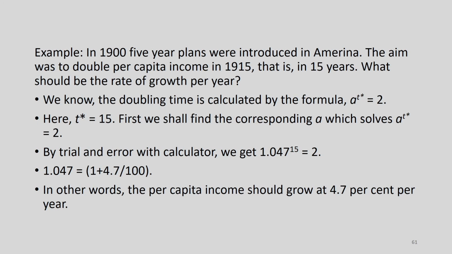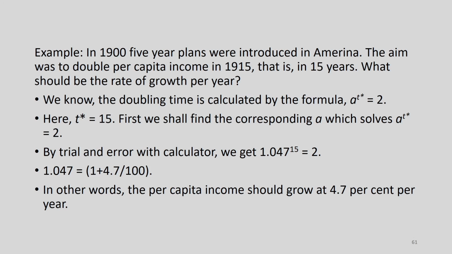We are given the time frame, right. There are 15 years that have elapsed. We are given the information that in these 15 years the per capita income should double. So, we have to find out what should be the growth rate per year. So, basically we have to find out the value of the small a.